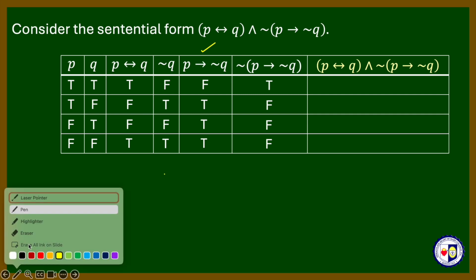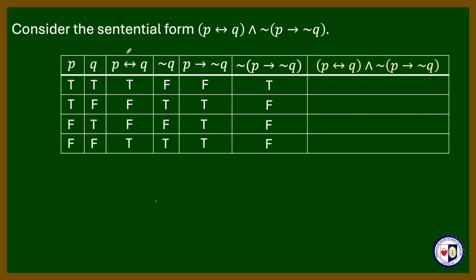Next, yung huli natin, class, P if and only if Q, then we will conjunct this to this column. T conjunction T, true. F conjunction F, F. Same reasoning. And lastly, T conjunction F, F. Observe that the last column contains a combination of true and false.